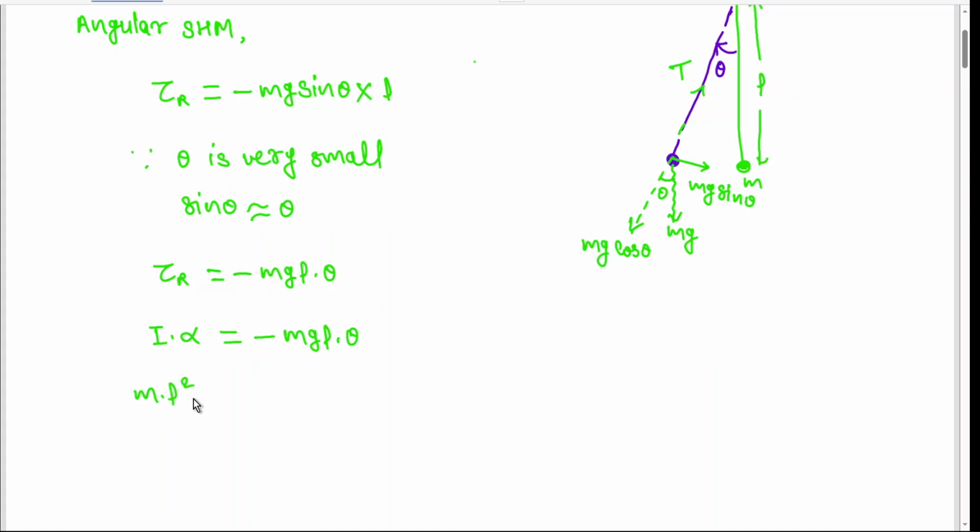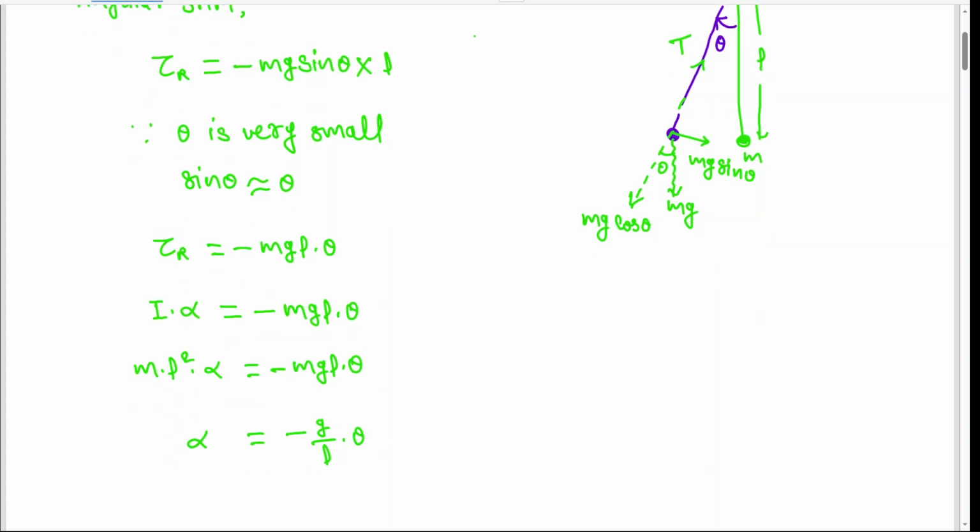So mL square into alpha equals minus mgL into theta. Now after cancelling m from both sides and one L, we get alpha equal to minus g by L into theta, right?